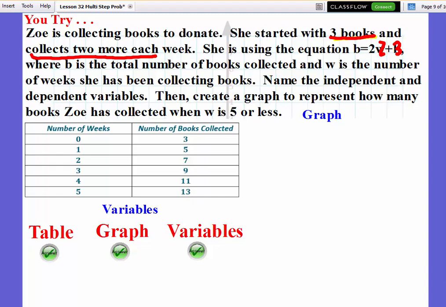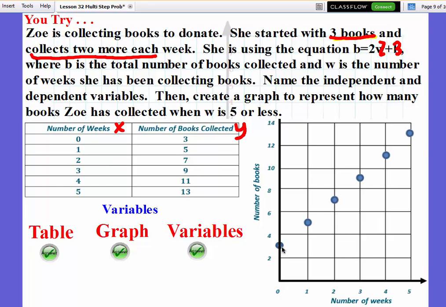So now, how do I graph that? Well, I'm going to need a coordinate grid, and I'm just going to graph it. This is going to be my x-axis and my y. So it would be 0, 3, 1, 5, 2, 7. So think about, how would you graph that? Here's what it's going to look like. I have that 0, 3, that 1, 5 from here, that 2, 7 from here.